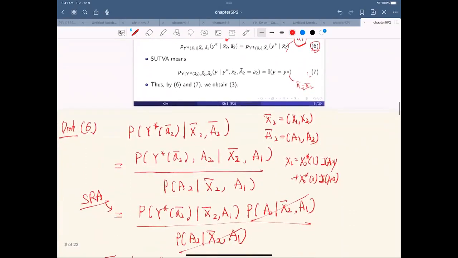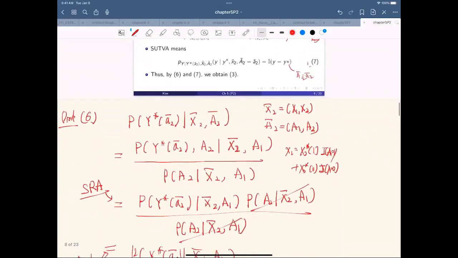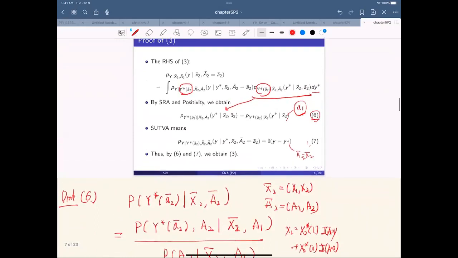So there should be A1 on the right side of the conditioning sign. Because this A1, right, the potential outcome Y should be independent of A2 given your information up to X1.